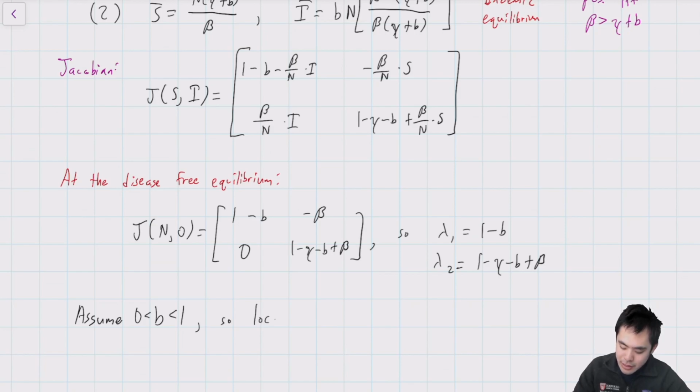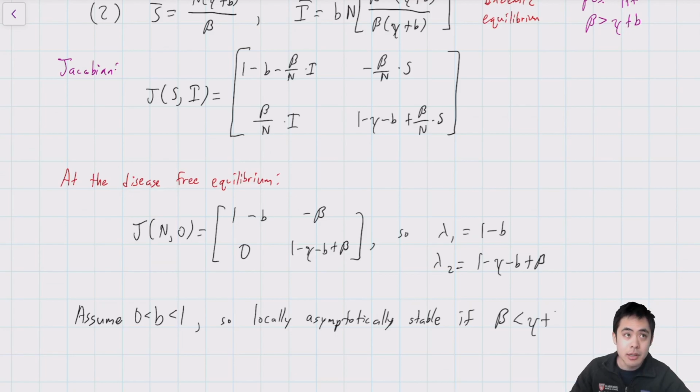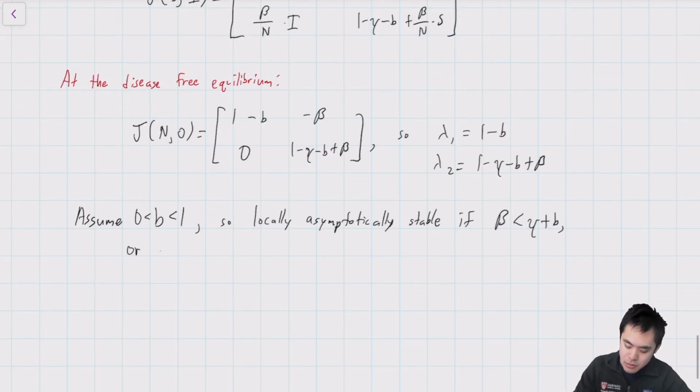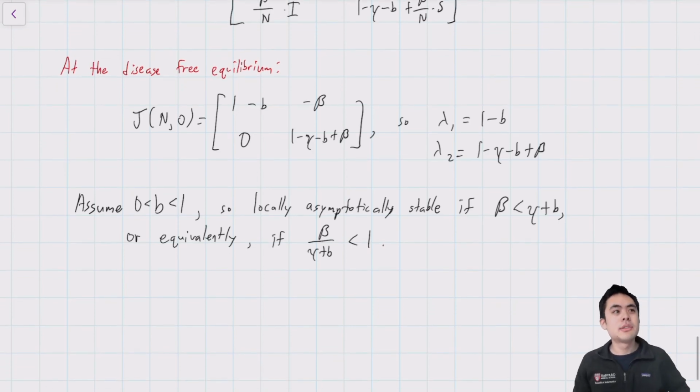So it is locally asymptotically stable if beta is less than gamma plus b, or equivalently, if beta over gamma plus b is less than 1. Okay, so we have some condition on the local asymptotic stability of the disease-free equilibrium. So is it stable for the system to have no disease?